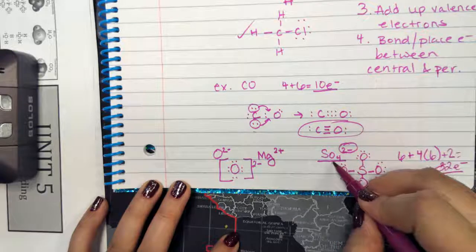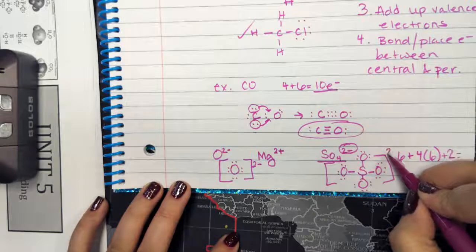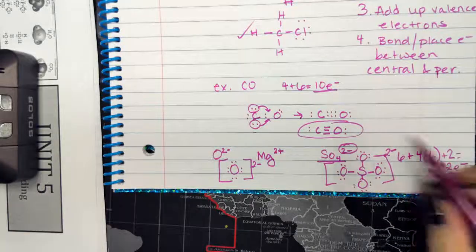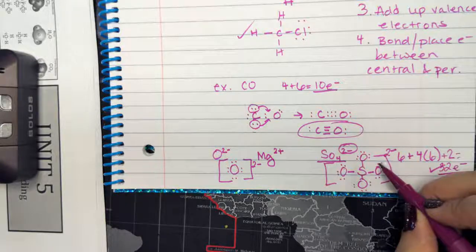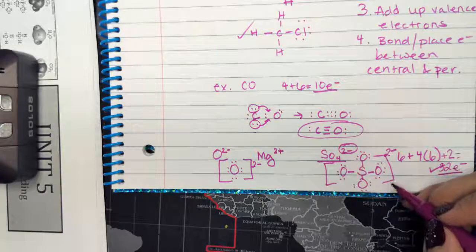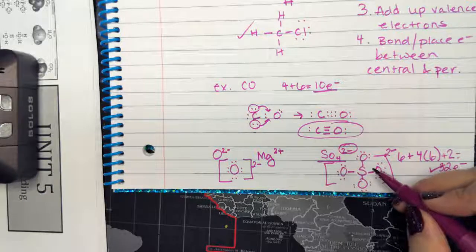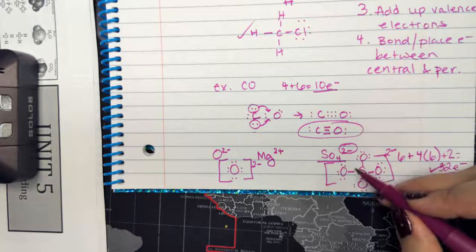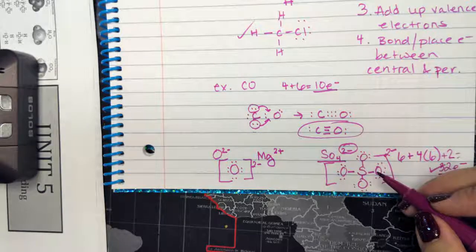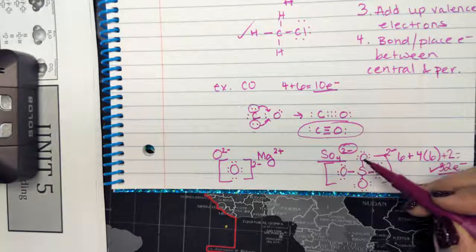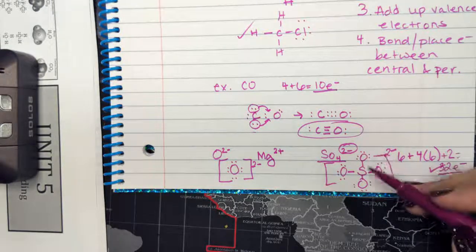I will put my ion in brackets because I had to add 2 electrons, and so that shows me that if I didn't add these 2 electrons, I would have had to bond somewhere, and it would have caused some issues, whether you're double bonding here and creating too many electrons for sulfur, or whether you had to move an electron around with oxygen and have your oxygens pairing and then with sulfur.